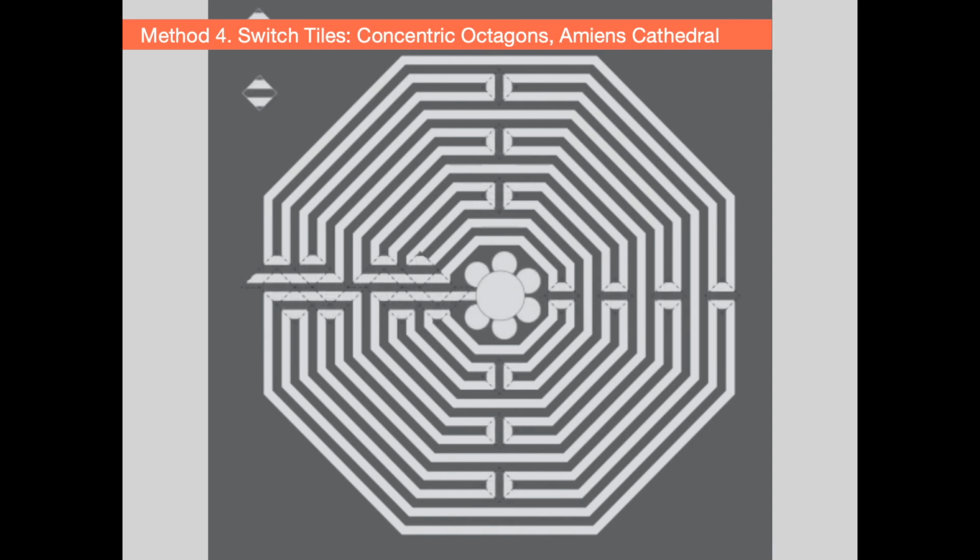Here the switch method is applied to concentric octagons with a different type of switch tile to create a number of turn sequences, the first of which is the Labyrinth of the 700-year-old Amiens Cathedral in France.